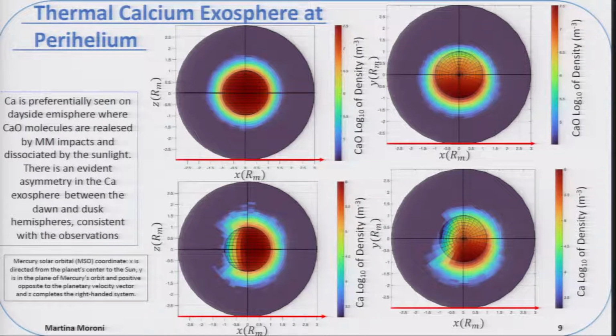We can observe the different density of the two exospheres, in which the calcium oxide exosphere is denser than the calcium one, and we can also see the different spatial distribution. For example, in the calcium exosphere there is an enhancement of this element only in this quadrant. This is the reason.